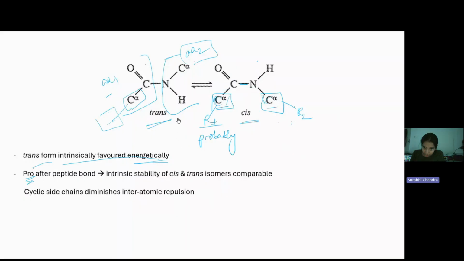So in that scenario, because it doesn't have free groups as such, the intrinsic stability of the energetically stable forms is comparable. We can't really say for proline that the trans form is more stable than the cis form. The intrinsic stability of cis and trans isomers for prolines after a peptide bond will be comparable, because it has a cyclic side chain. Cyclic side chains actually diminish interatomic repulsion.